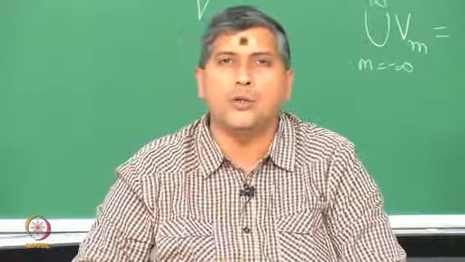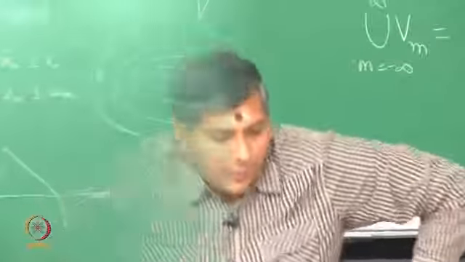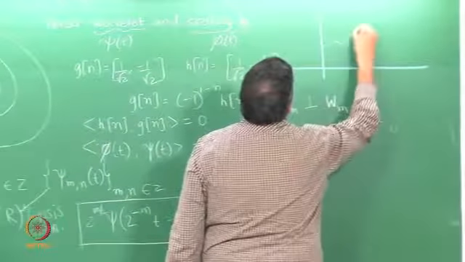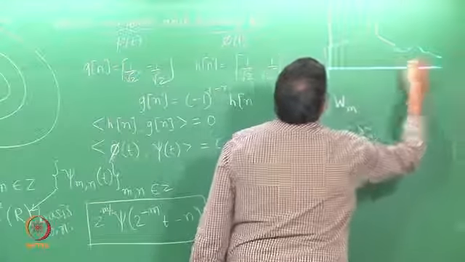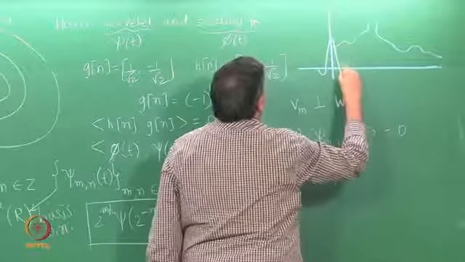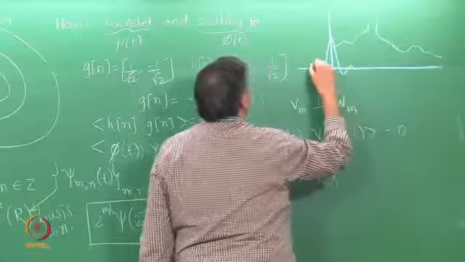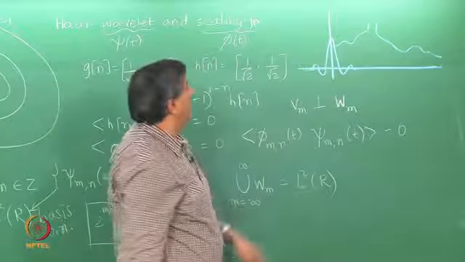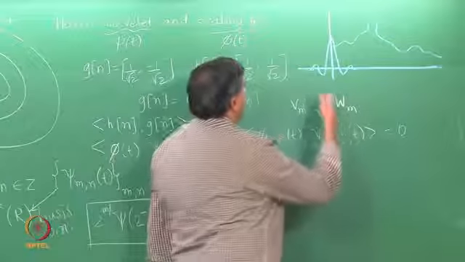So, let me just show that to you on the graph. Let us say I have some signal here, and let us pick a wavelet here which is located at this point. So, this is some wavelet which is located at the origin at some scale.